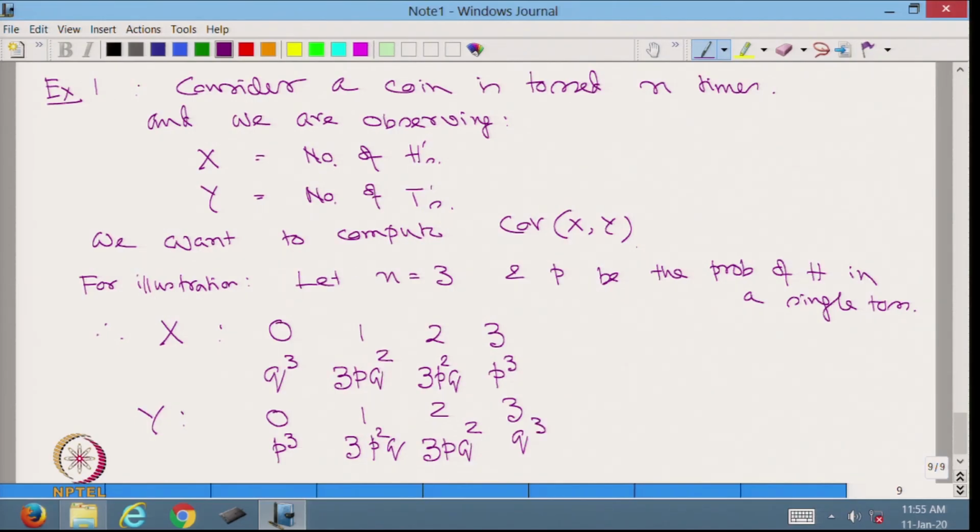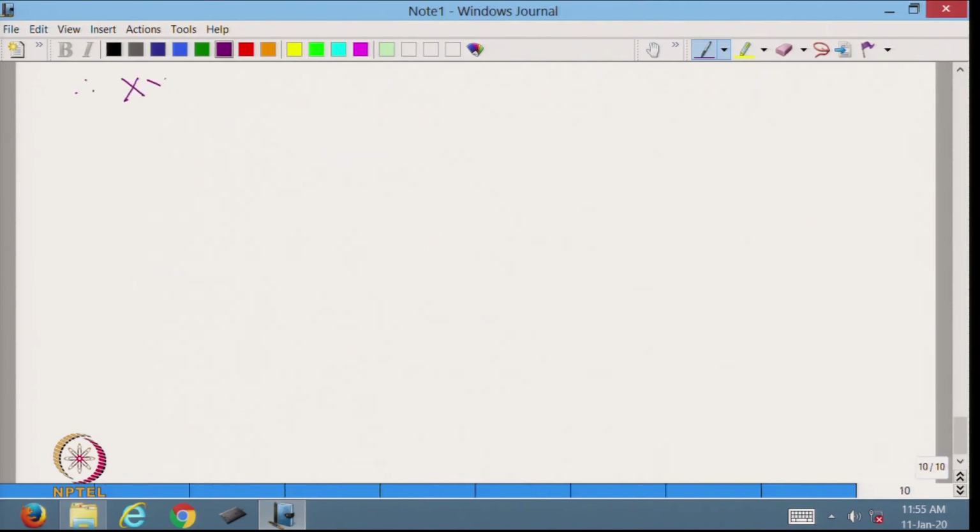And this is going to be q cube. Therefore, xy can take the values 0 or 2. 0 comes when x is equal to 0 and y is equal to 3.